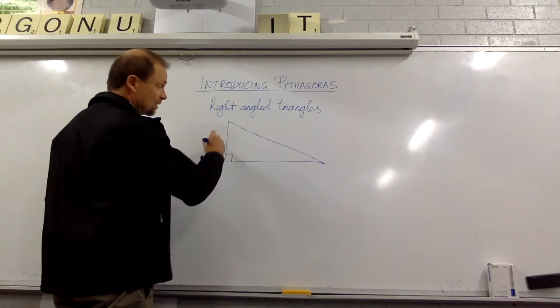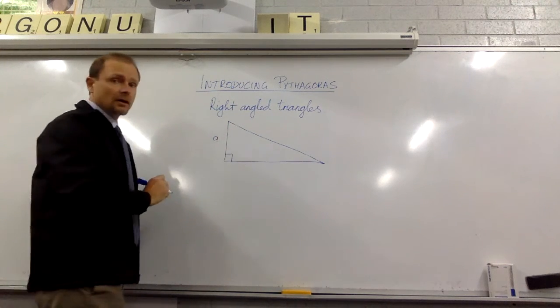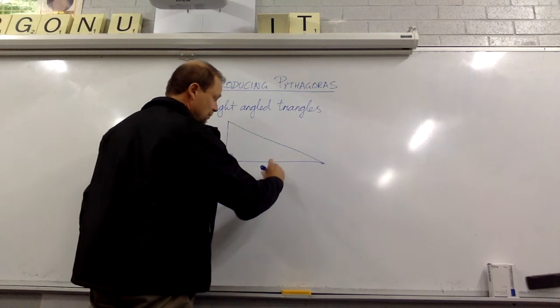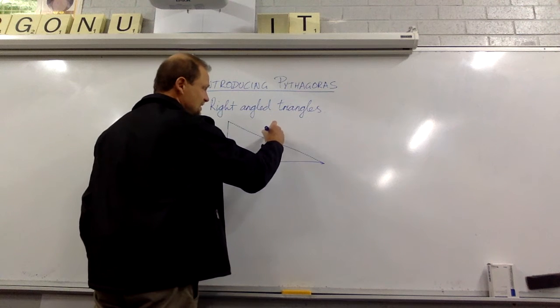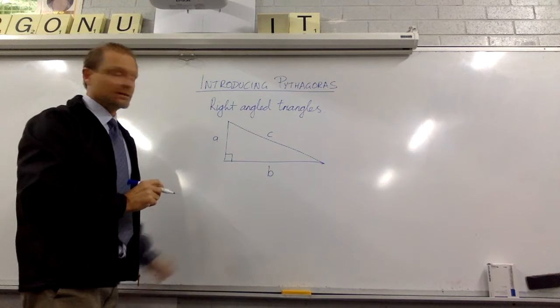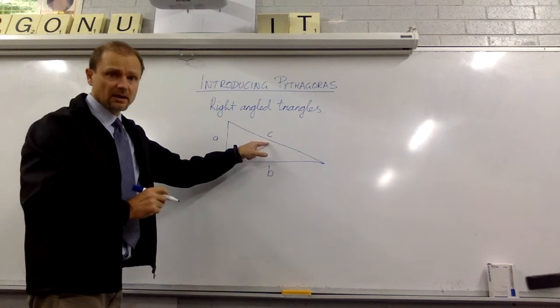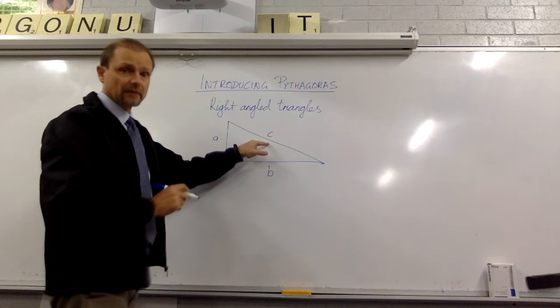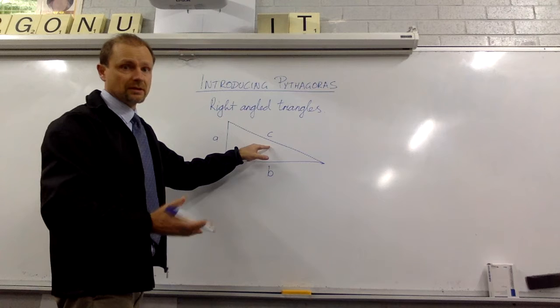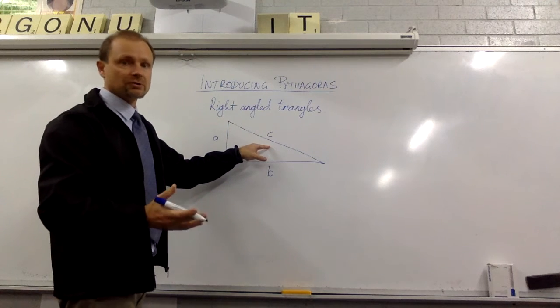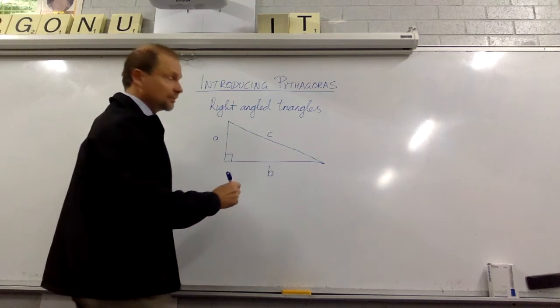I'm going to call this side A. I'm going to call this side B, and the last side I'm going to call C, despite the fact that side C has a specific name, and that specific name is the hypotenuse. Yes, you heard right, hypotenuse, and this is how we spell it.